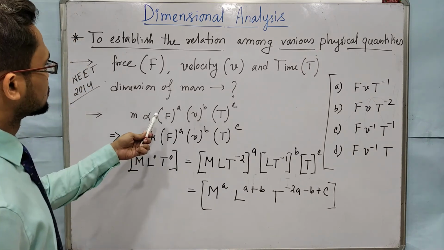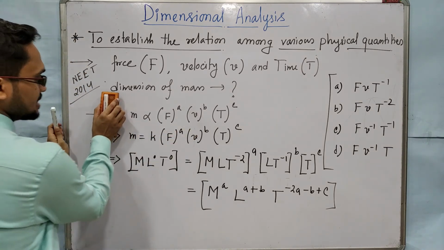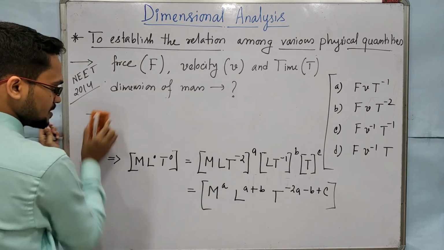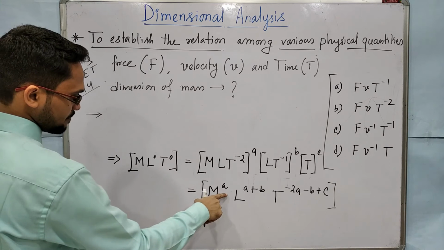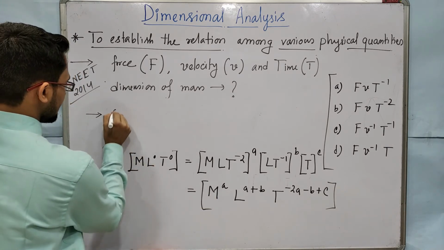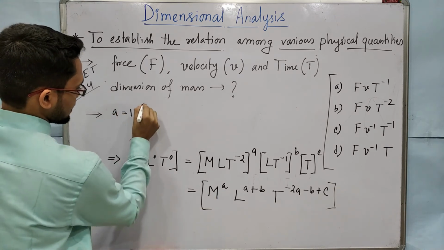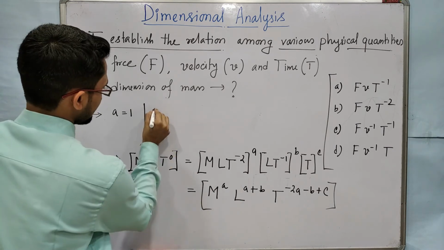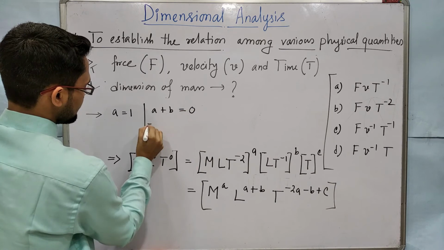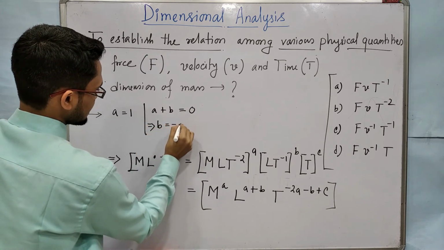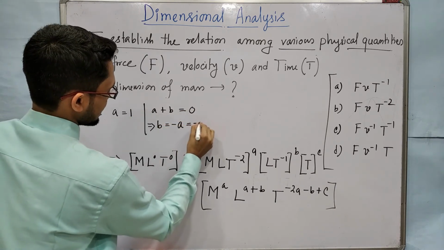Okay. So F, V, T, I am erasing this part. So equate the powers. So upon M, A, here 1. So A equal to 1. Next L, A plus B equal to on this side 0. So B will be minus A, that means minus 1.